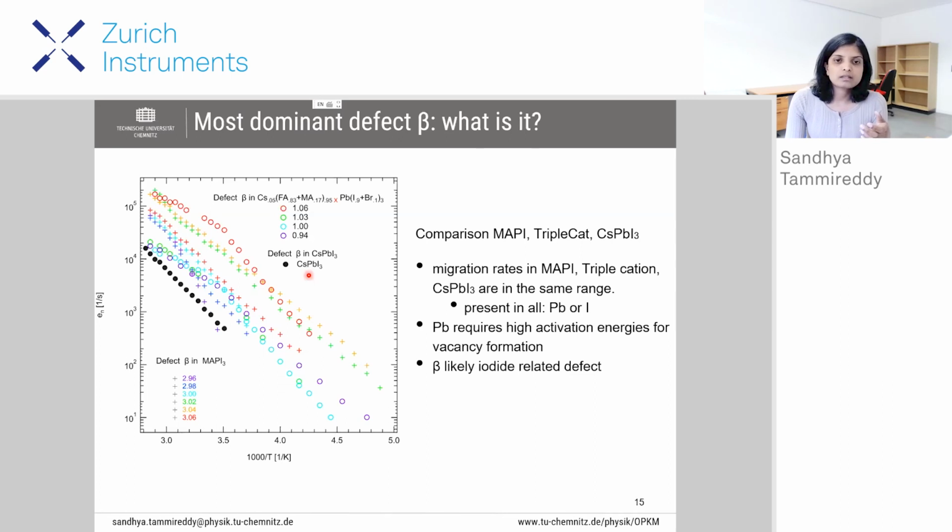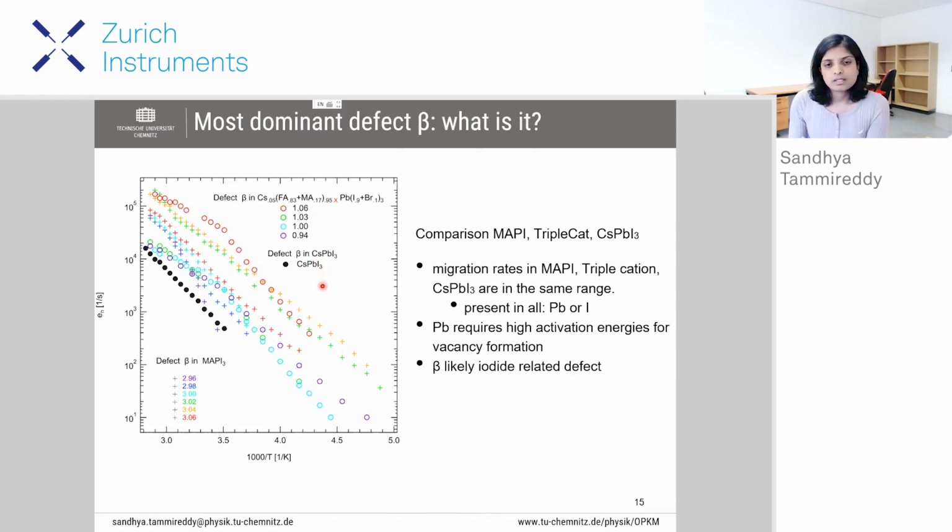If you think about lead, it's heavy, and in most cases it requires very high activation energies to form a defect, which could be the reason that you might not be able to see lead as a moving charge. In other words, it's likely that what you observe is iodide. It's most likely that what you observe is an iodide-related defect.